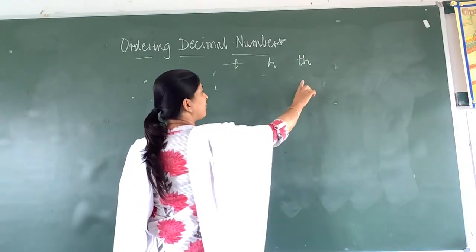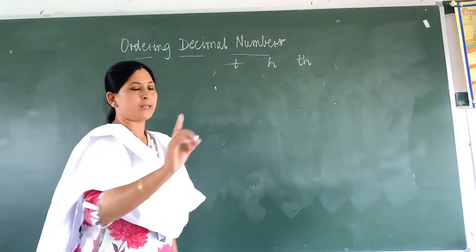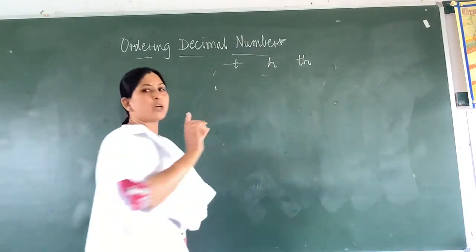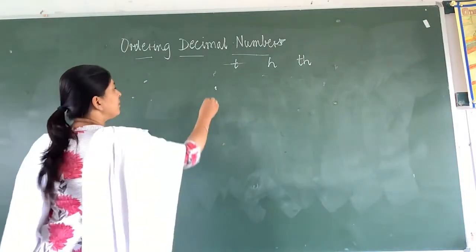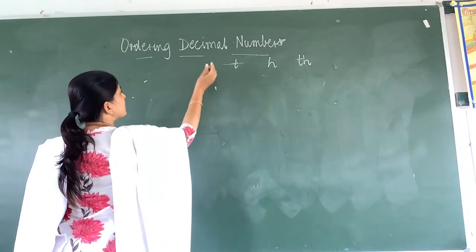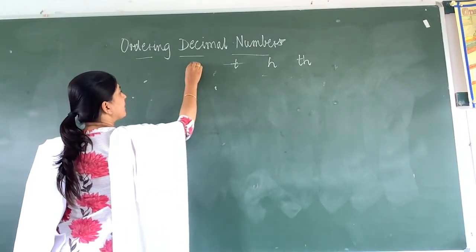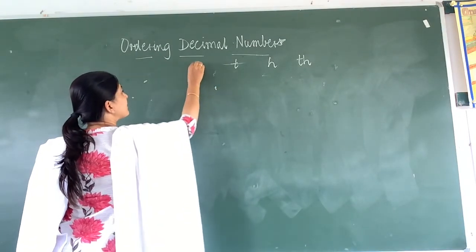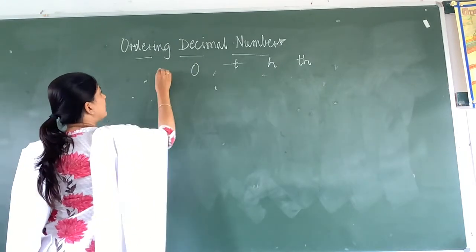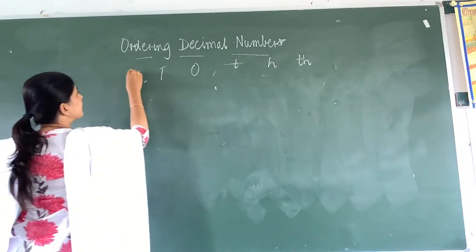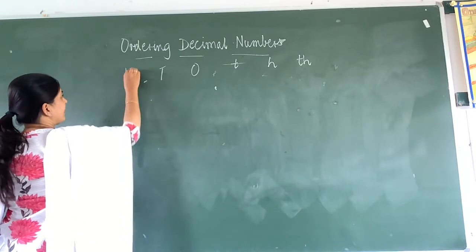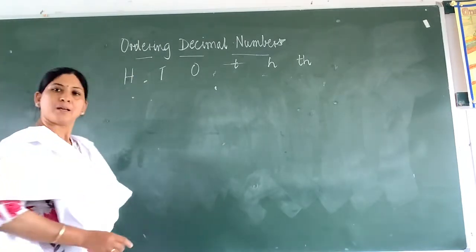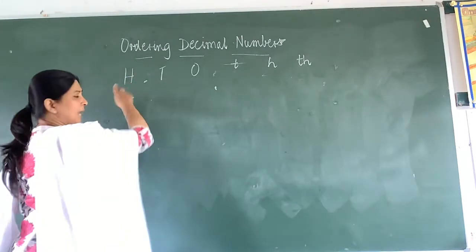The third digit after the decimal is in thousands place. So I have written the places after the decimal point. Now let me write the places before the decimal point: ones, capital O, tens, capital T, capital H, hundreds. If there is any need, we will add more places.